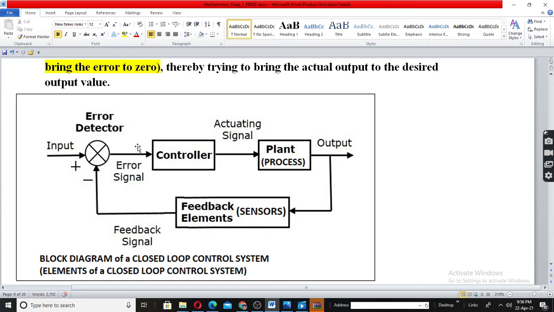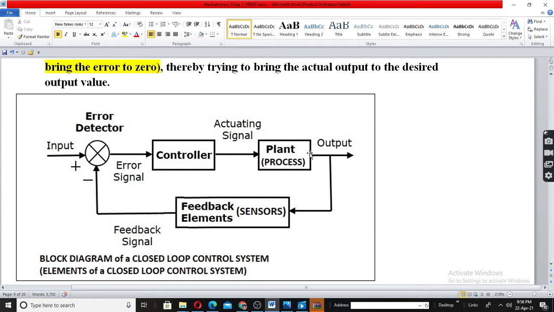So this error signal says to the controller, when you draw water, take 1 extra. The controller will now, instead of drawing 10 liters per second, draw 11 liters per second. And after the leakage, you will get the same 10 liters per second.